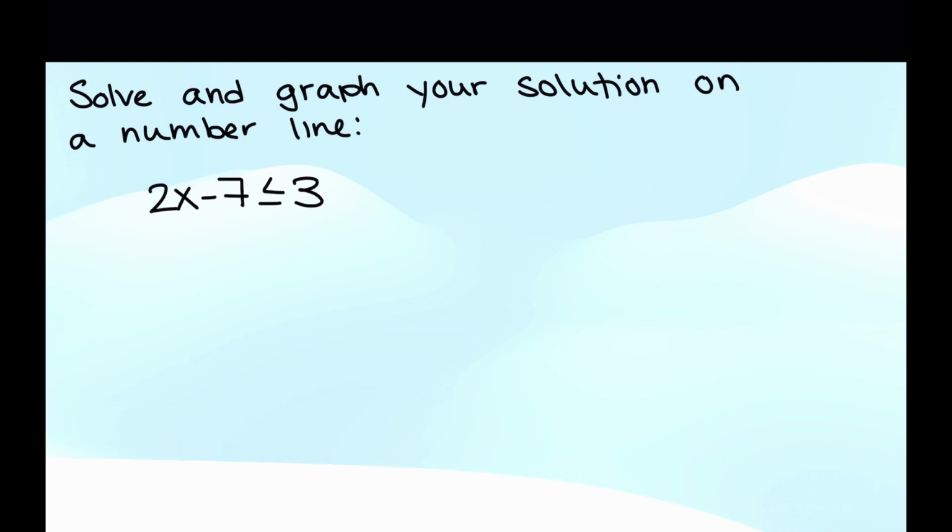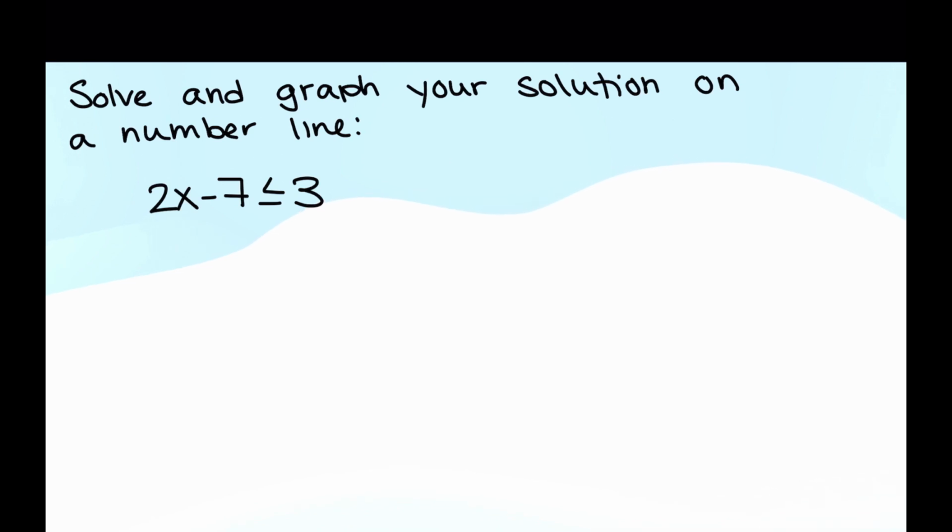We're allowed to add the same number to both sides, subtract the same number, multiply, divide. Whatever we do to one side of the inequality, we have to do to the other side. We're going to learn that there's really only one kind of small difference, and we'll see that in our next example. But let's just start with this problem.